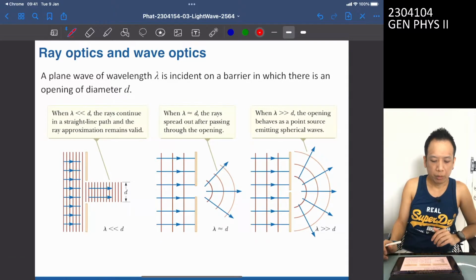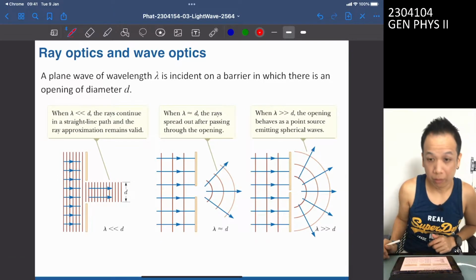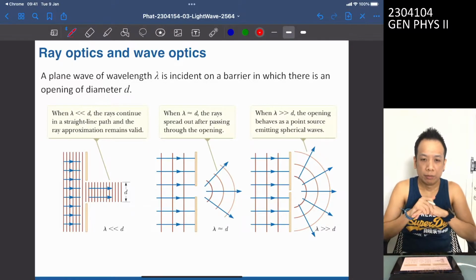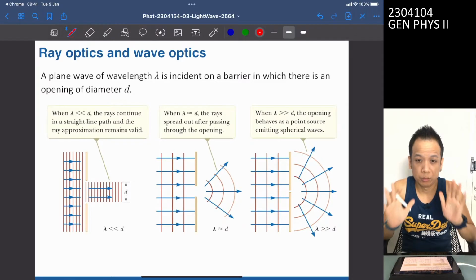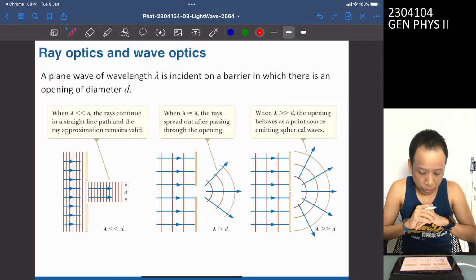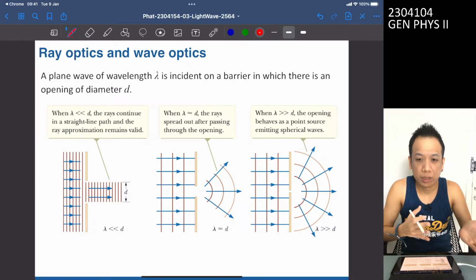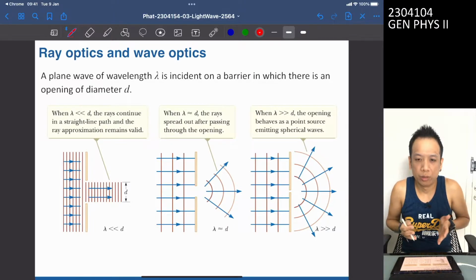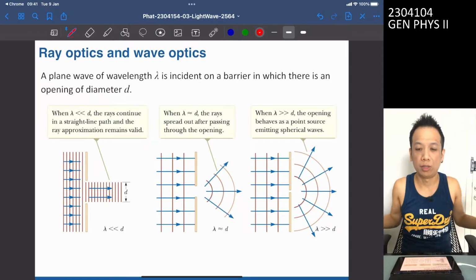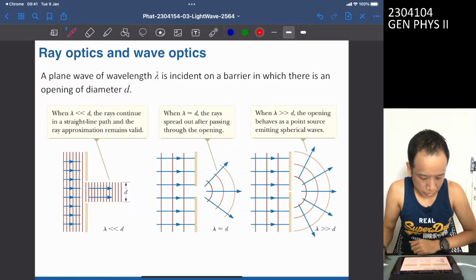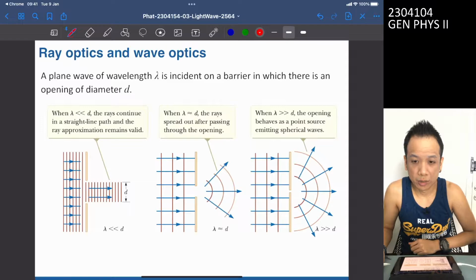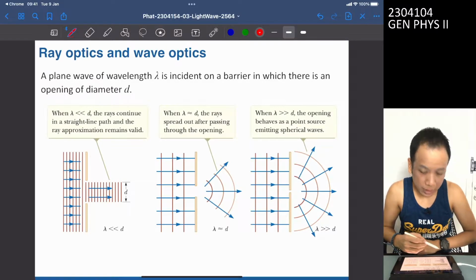We are talking about ray optics and wave optics. This starts from the principle of a wave traveling through an open aperture. It can be a water wave passing through a harbor or canal, going from outside to inside, or we can talk about light traveling through a tunnel or open aperture like this.